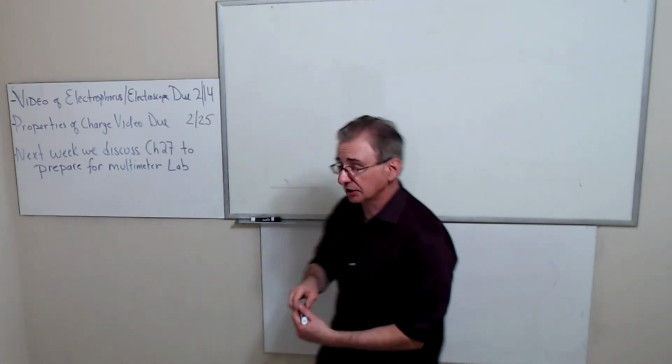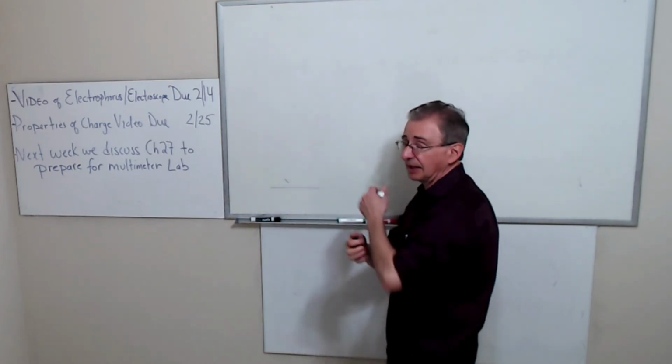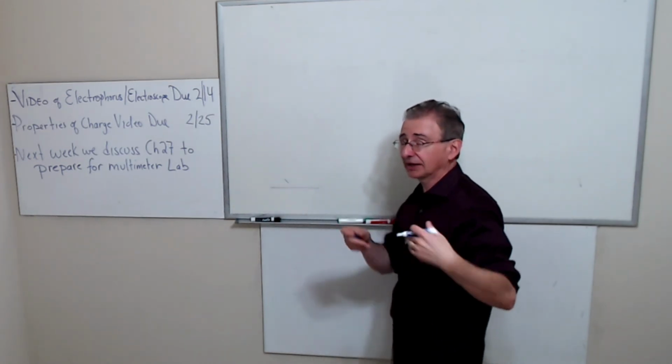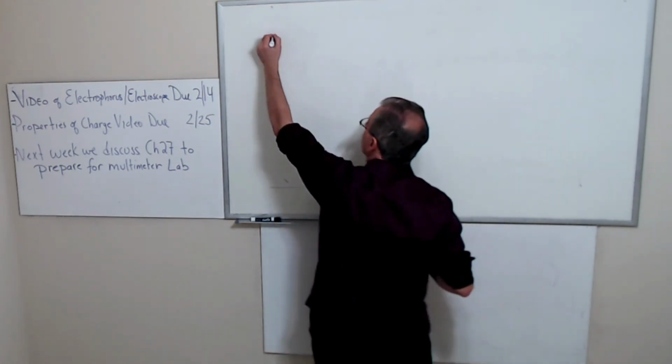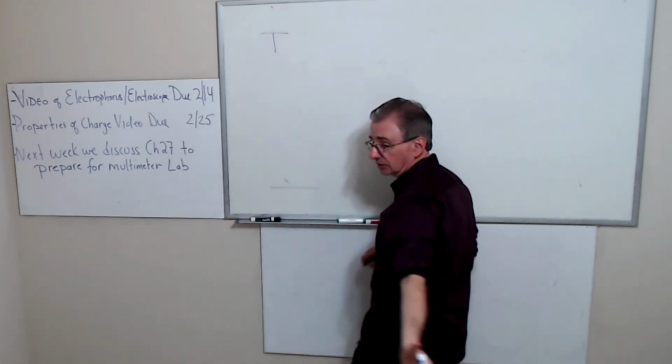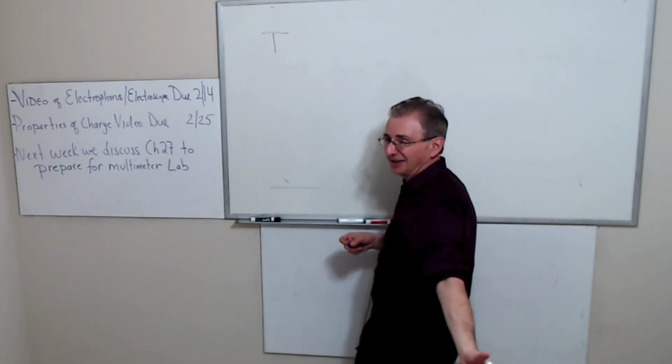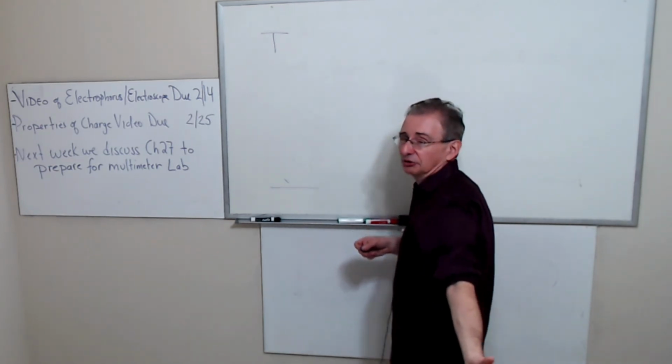People have done experiments and they've developed a table listing what materials like to pick up the electrons and what materials like to give them off. They call it a triboelectric series, because charging by contact is called triboelectricity.